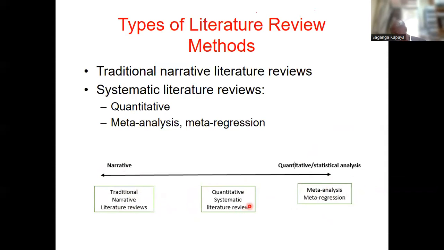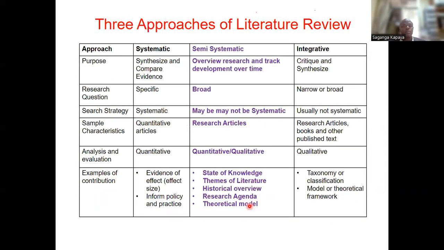So we'll look at this and how we can take advantage of it. The other way is to look at the approaches of literature review: the systematic, the semi-systematic, and the integrative. They differ in terms of purpose, research questions, strategy, etc.